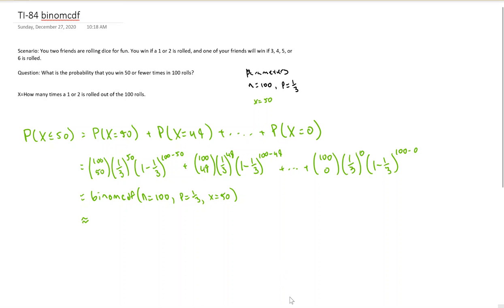If you were to drop the n, the p, and the x and write binomcdf 100, 1/3, 50, so I've dropped those letters, this would not receive credit on the AP exam. So you need to be clear and specify what those values are if you're going to write this on your test. A lot of teachers are hesitant and will tell you maybe you shouldn't write that. That's why I've written the formulas above here.